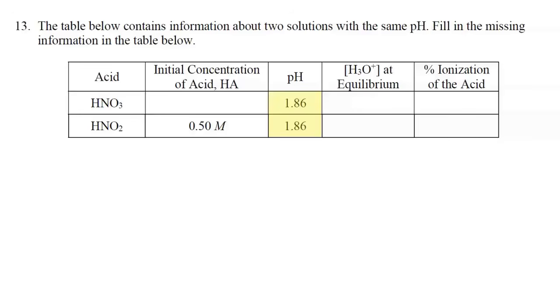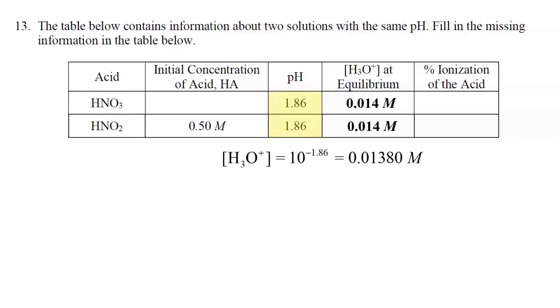To go from the pH to the concentration of the hydronium ion, that would be 10 raised to the minus 1.86 power. And when you do that calculation, you get 0.01380, but I'll use two significant digits since a pH of 1.86 also has two significant digits. So I'm going to round that concentration of hydronium to 0.014.